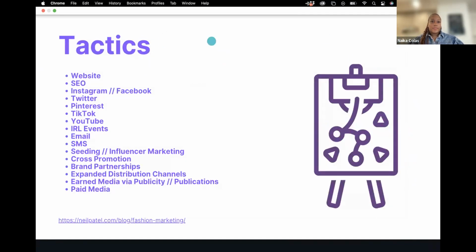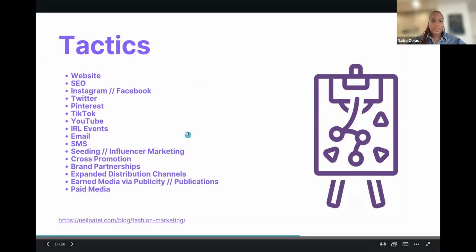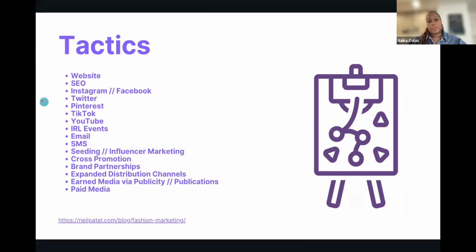So the tactics for the web, for an organization or a fashion brand: I would say use your website, use SEO, use your keywords like sustainable fashion, eco-friendly, social impact. Also use hashtags, and Instagram and Facebook.